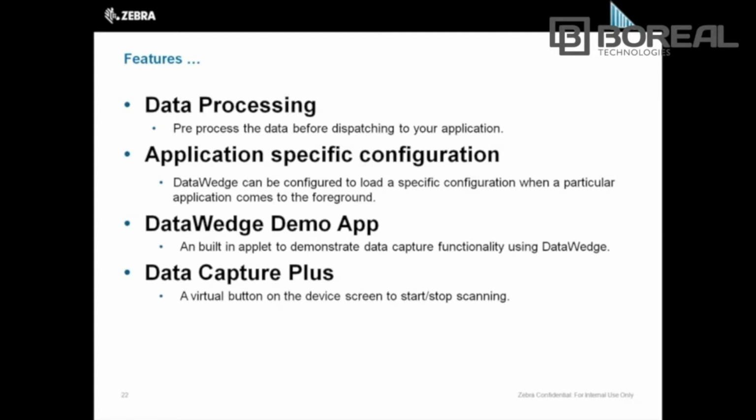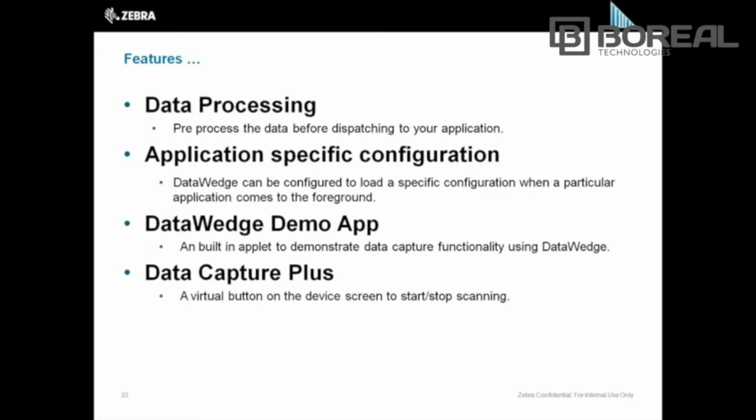So different applications can work with different DataWedge settings. So if you want DataWedge to scan barcodes to one of your applications, and then you need to swipe a credit card and get the data to your payment application, you can do so by configuring DataWedge, and you don't need to write any code for that.